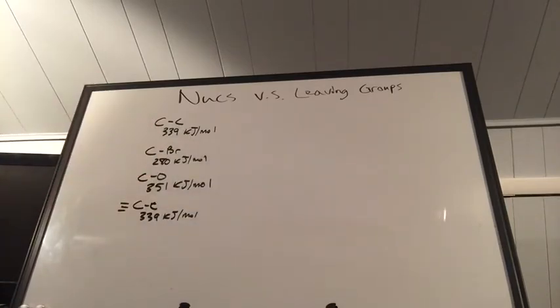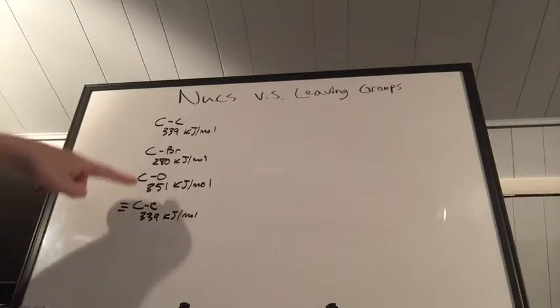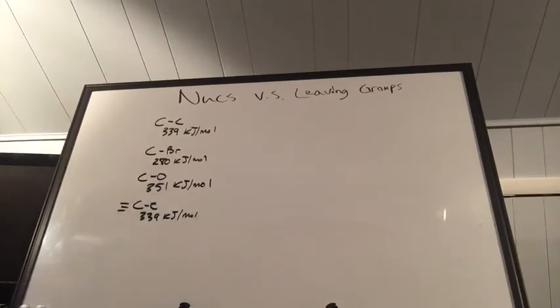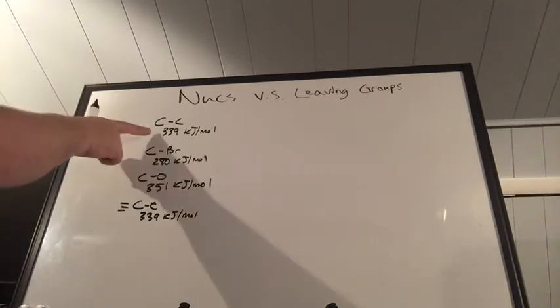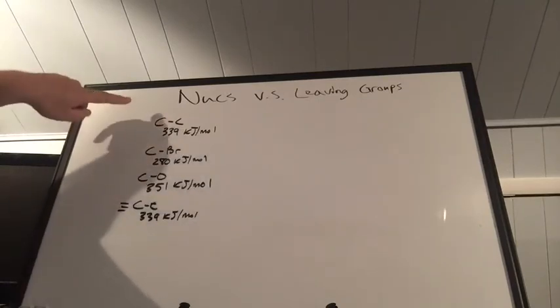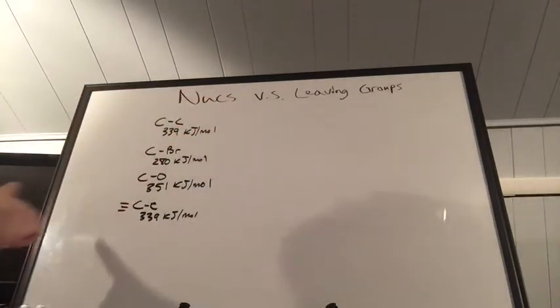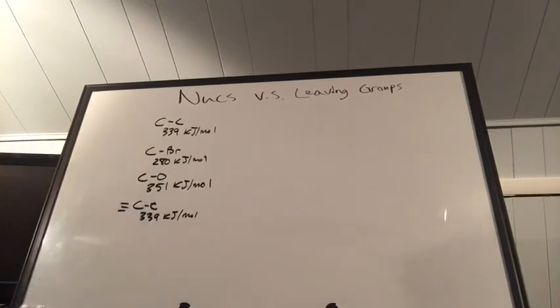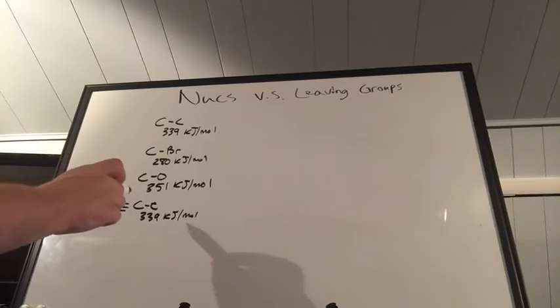So the CC carbon bond, while it seems like sort of in the middle between carbon and oxygen and carbon and bromine, the issue is that we really have, let's just treat this as an aliphatic carbon. So that means there's just an alkyl chain, right? There's no double bonds or triple bonds like you see here down at the bottom. This is going to wedge itself somewhere in between CBr and CO single bonds in terms of magnitude of bond dissociation energy.